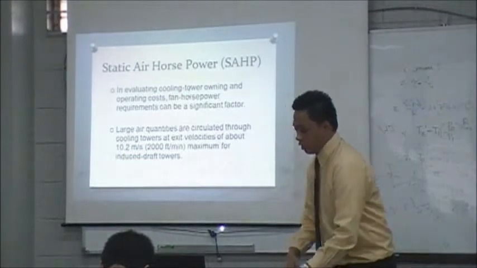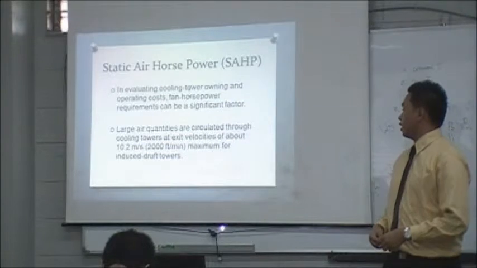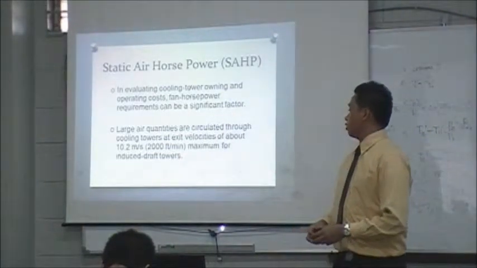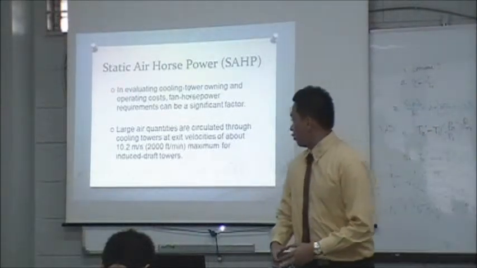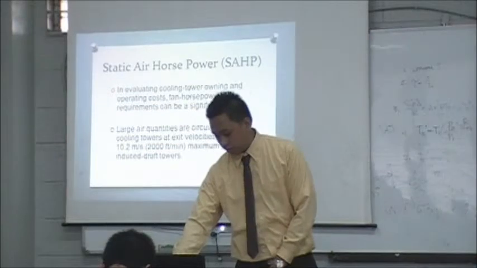Large air quantities are circulated through cooling towers at exit velocities of about 10.2 meters per second maximum for induced draft towers. So fans are needed to circulate the air in induced draft towers.